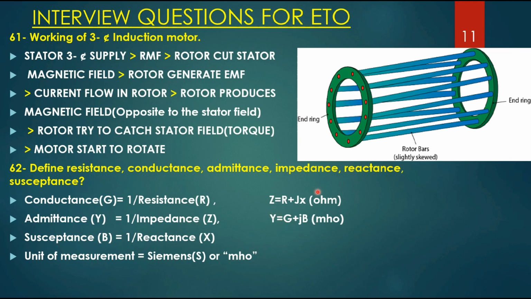The relation is impedance Z equals R plus jX, where X is the reactance and X equals XL plus XC. XL is the inductive reactance and XC is the capacitive reactance. Similarly, admittance Y equals G conductance plus jB susceptance. Its unit is mho.